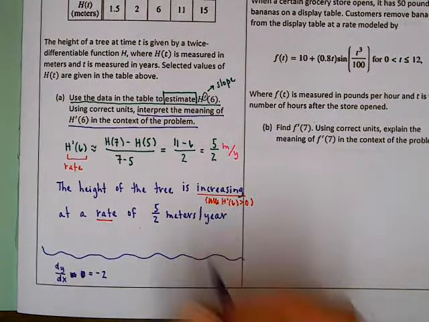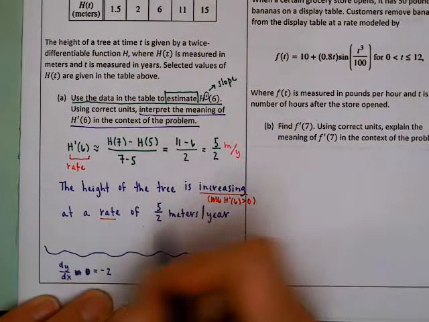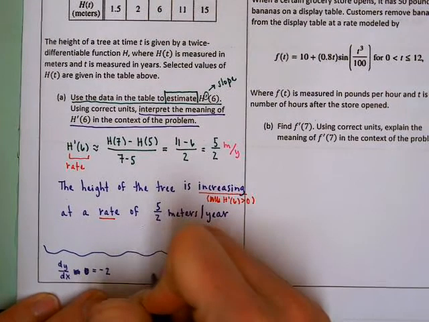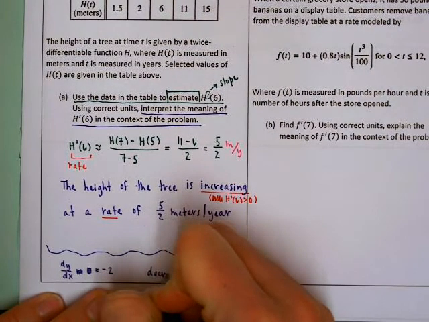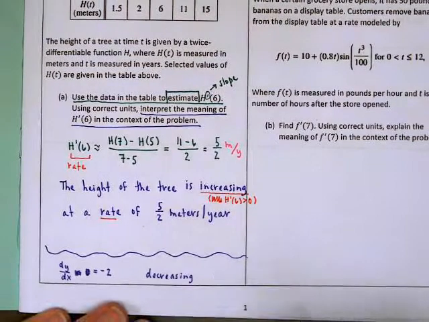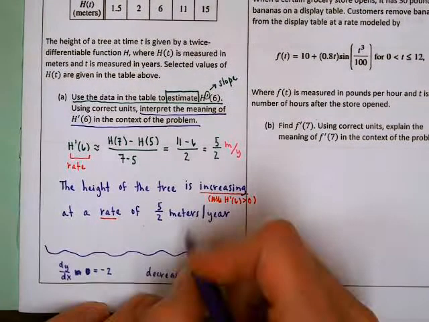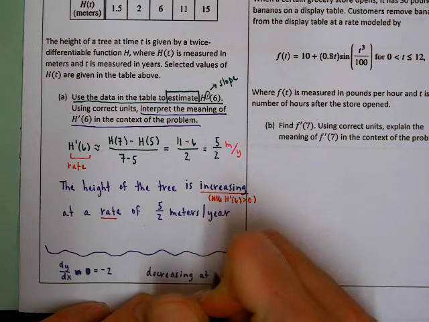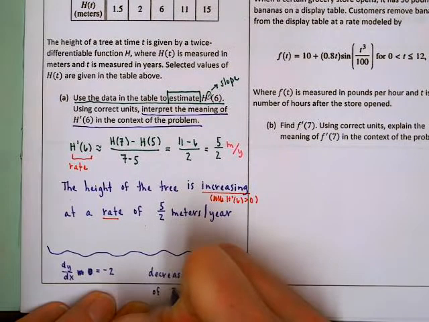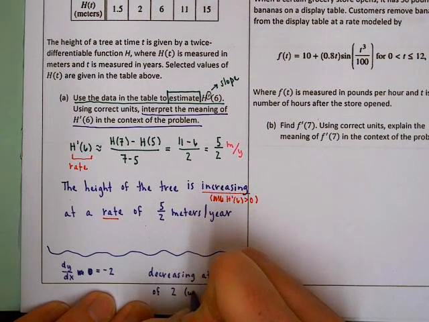If I had to write an explanation, in this case we would say whatever was happening, it is decreasing. So whether it's the height of a tree or some other scenario, that would be decreasing at a rate of 2, and then we would put in the units.